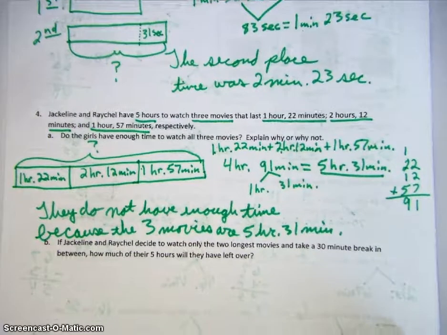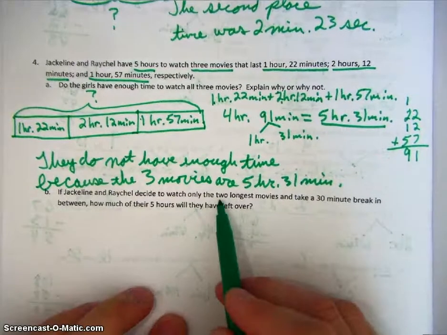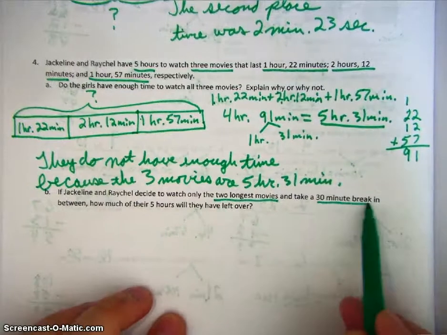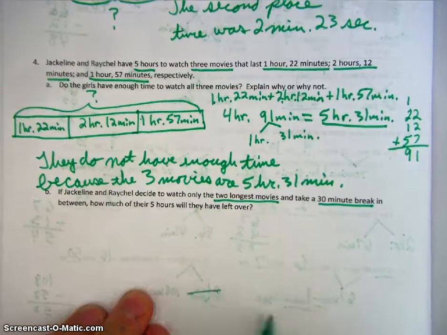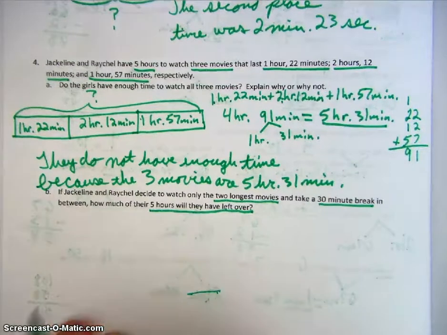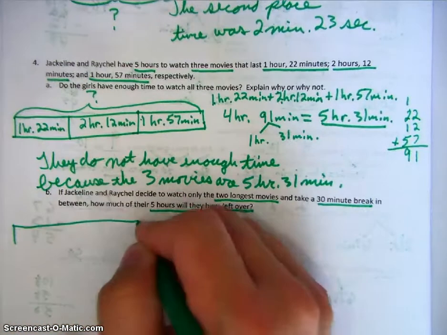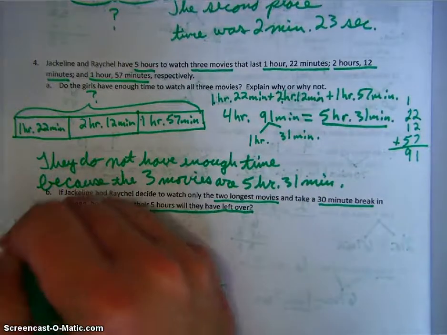Now moving on to the second part of that problem. Now Jacqueline and Rachel decide to watch only the 2 longest movies, and then take a 30-minute break in between. How much of their 5 hours will they have left over? So we have to break this up a little bit differently. Our total amount of time now is 5 hours.